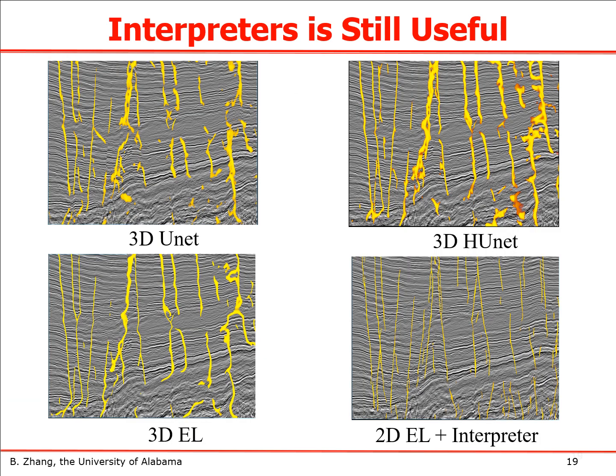To better see the improvement, I display all results in the same image. The first image is a 3D U-Net. The training data is a synthetic 3D seismic cube. The second image is from the 3D H unit.